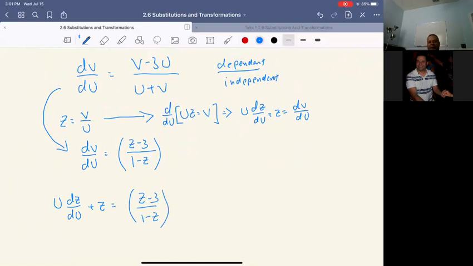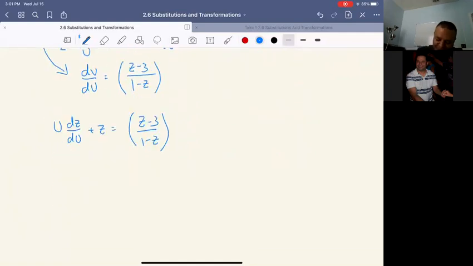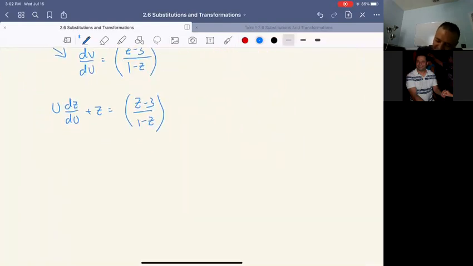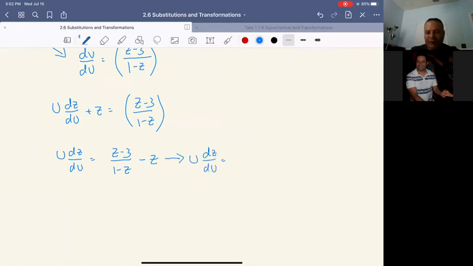Oh, okay. Still have to solve this one, don't we? Okay, so let's go for it. u dz du equals (z minus 3) over (1 minus z), minus z. I'm going to write this in terms of a fraction.